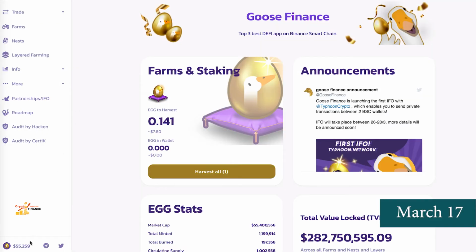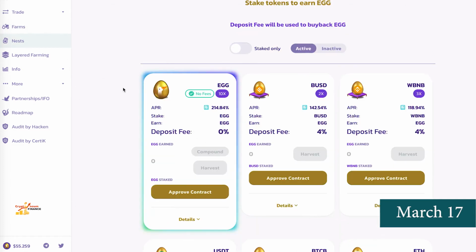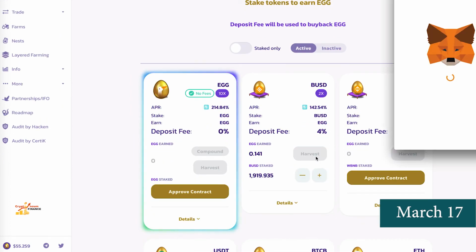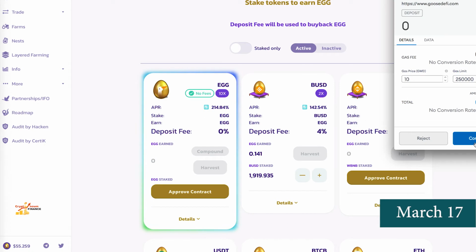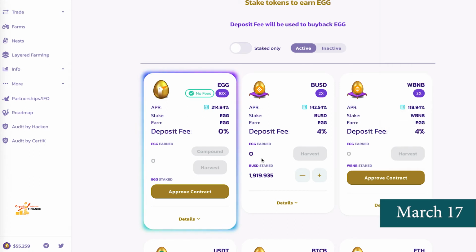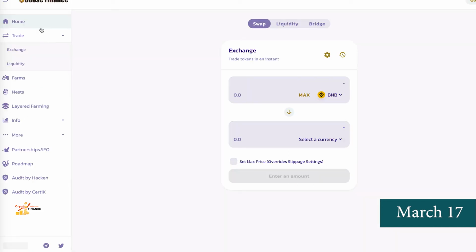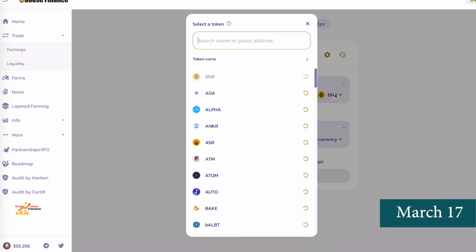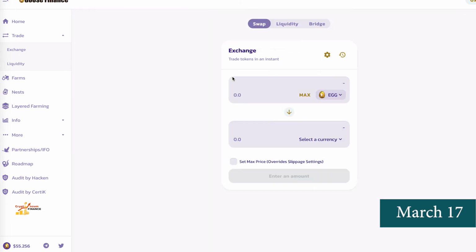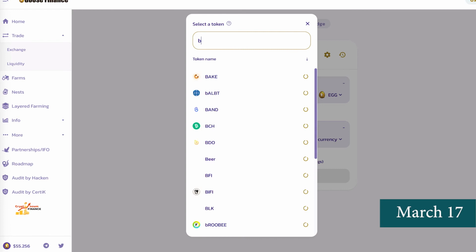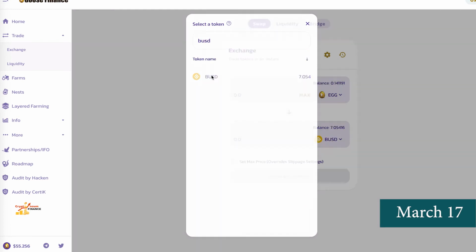Okay, March 17, egg is at 259. Let's go over to Nest and check how much egg we have so far. I'm going to click on harvest, so it's 0.141. Confirm that transaction on our MetaMask, and then go over to trade exchange, and we are going to exchange the egg that we have now for BUSD again, so that we can keep it in a stable coin.